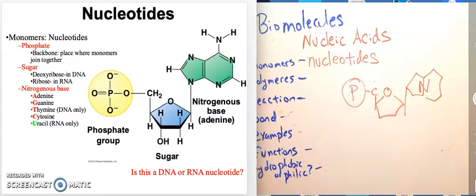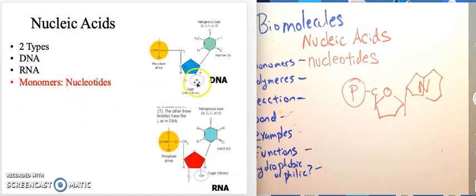Whether this is DNA or RNA is determined by what sugar and what nitrogenous bases are present. DNA is deoxyribonucleic acid, and RNA is ribonucleic acid. The difference is which functional groups are present on the 2' carbon.